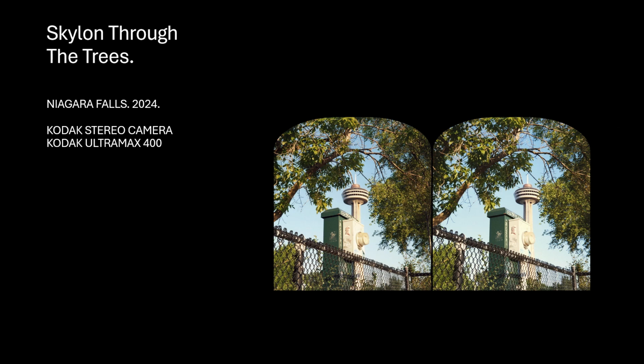But I will also die on the hill that you can just take a photo and get lost inside the 3D frame. If the depth is decent, you can let your eyes wander from the fence to the tree to the Skylon Tower in the background. There is interest if you look.